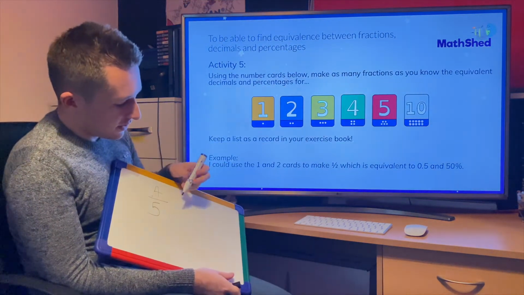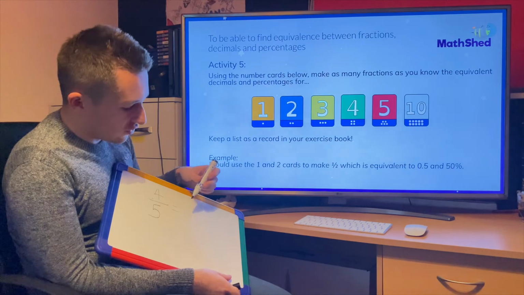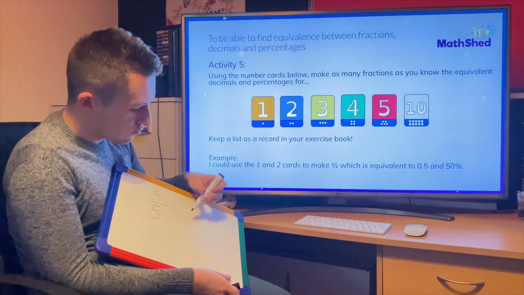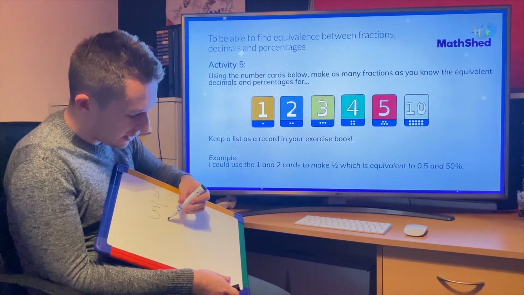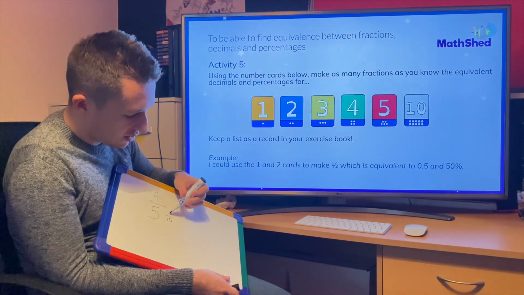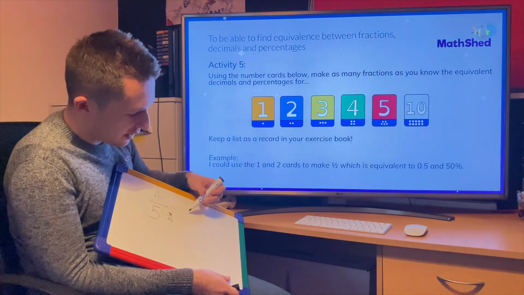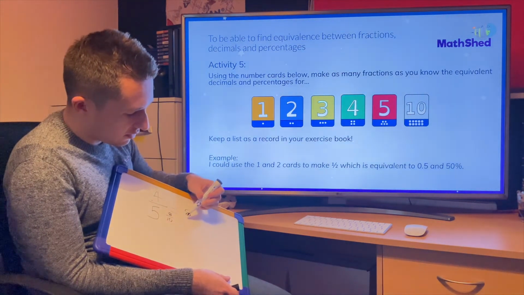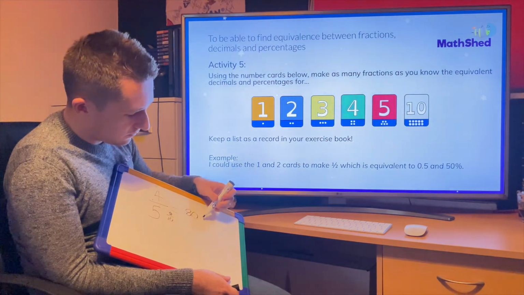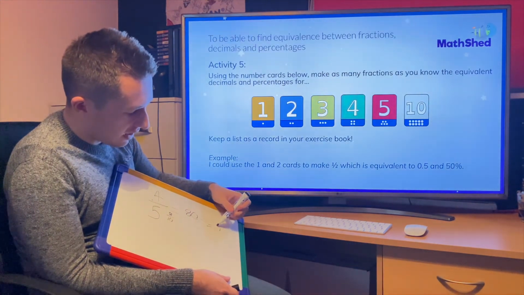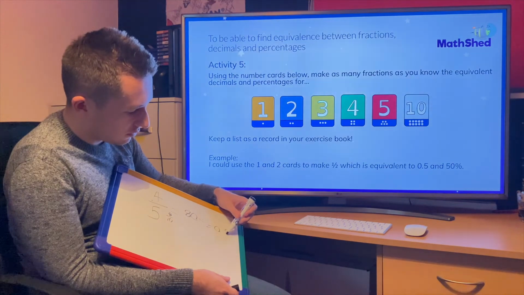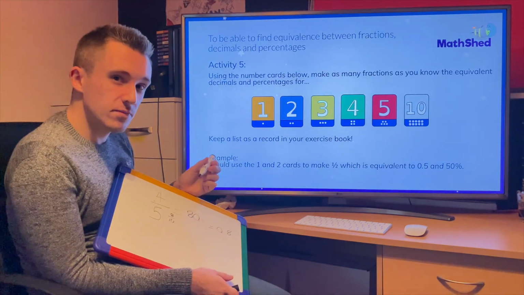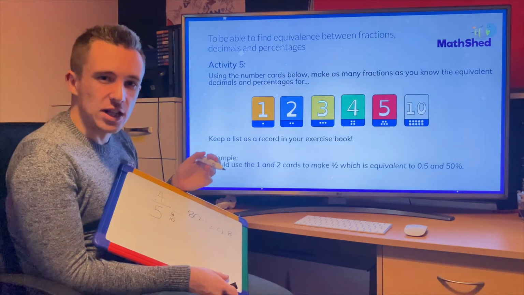Now what I'm going to do is I'm going to turn that into a percentage. Well, if I made that into something over 10, it would be 8 over 10. So that'd be the same as 80%, which is the same as 0.8.